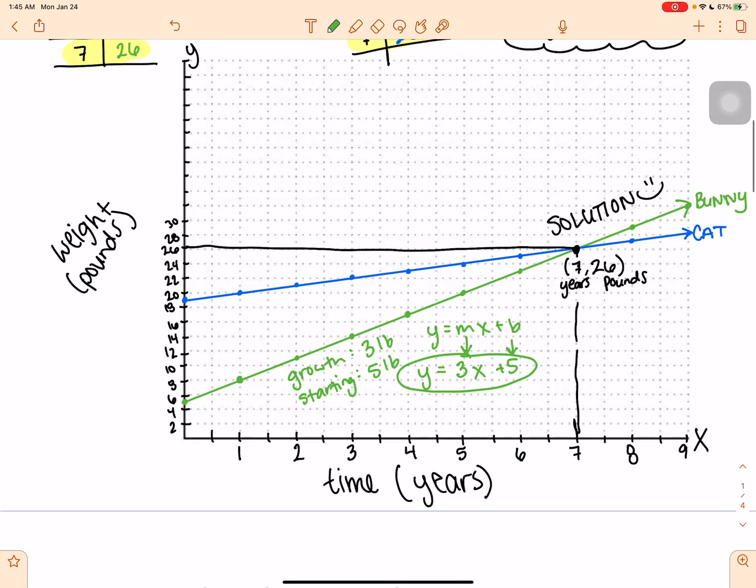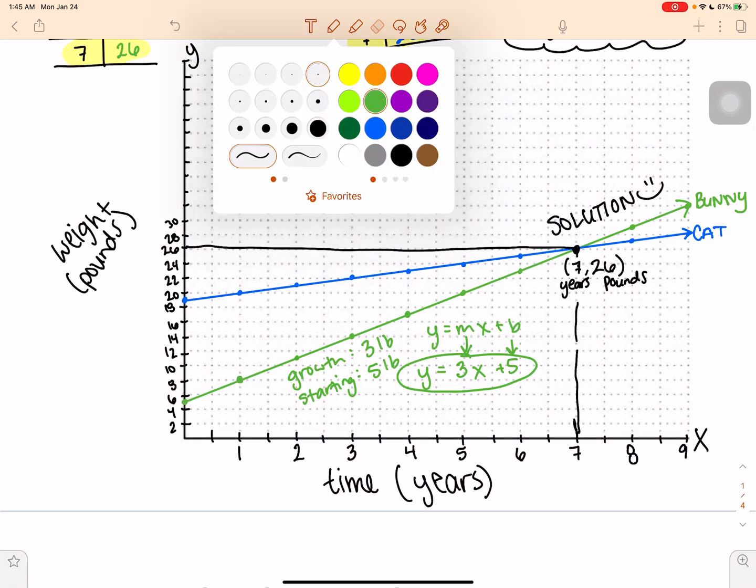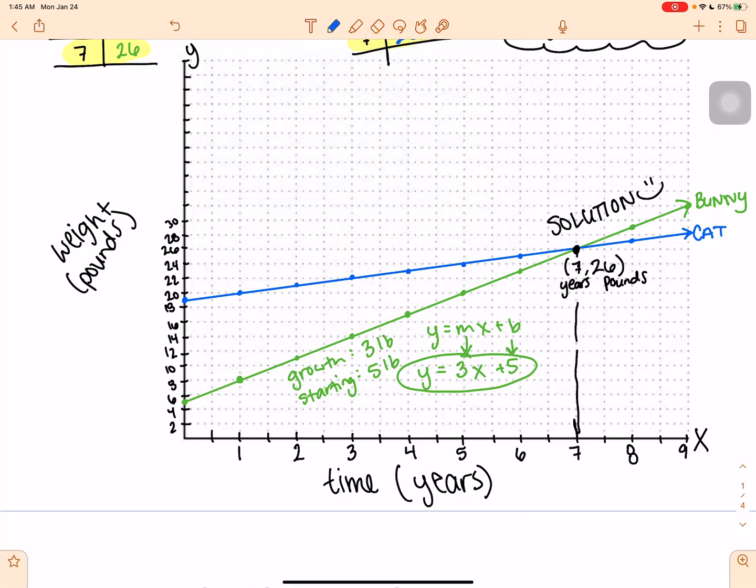So now for the cat, if we were to look closer at the cats here, so the cat's growth is 1 pound per year. Its starting weight was 19 pounds.